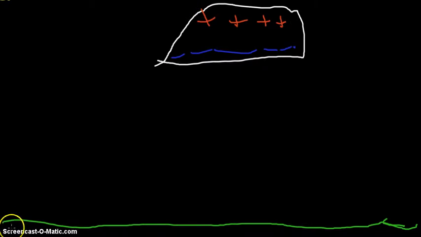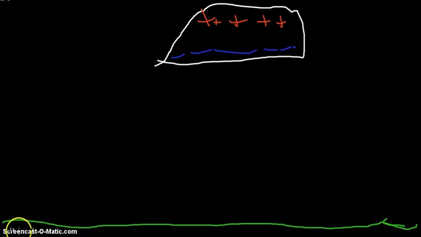Negative on bottom, positive on top. And what actually happens is, instead of the ground becoming positively charged because it is attracted to the negative, something weird happens, and it actually starts getting attracted to this positive charge up top.